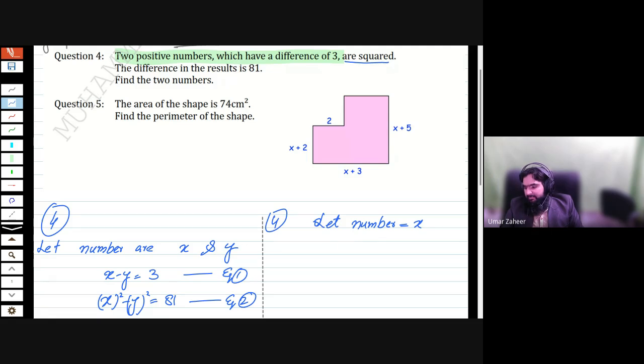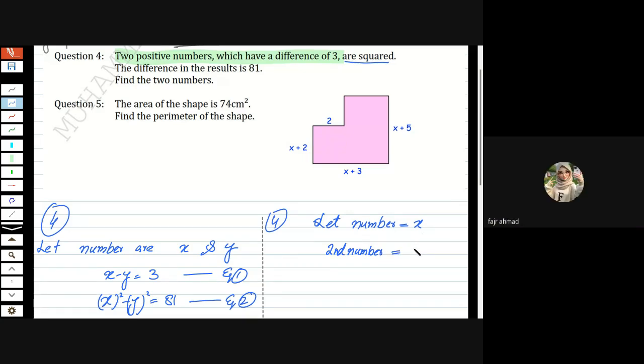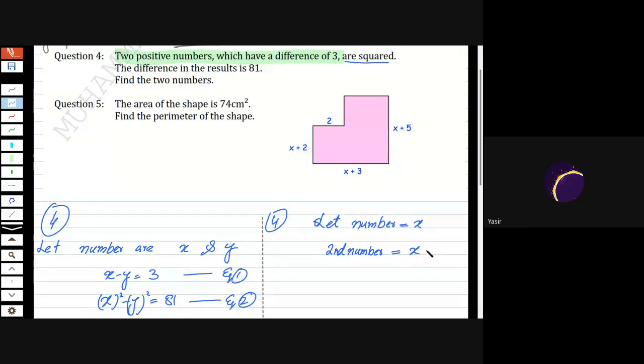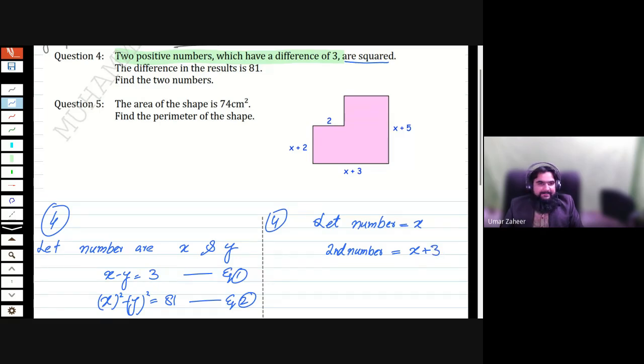So what will be the second number? Yes, what will be the second number? x plus 3. You have to take x plus 3 as the next value. We can take it like this.